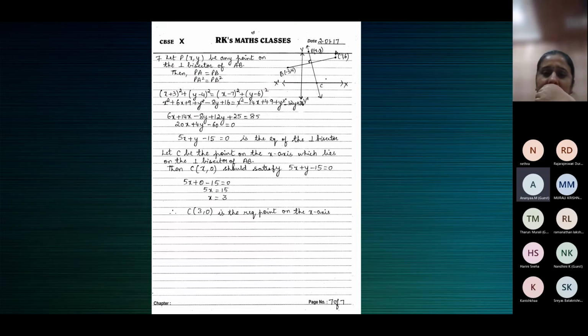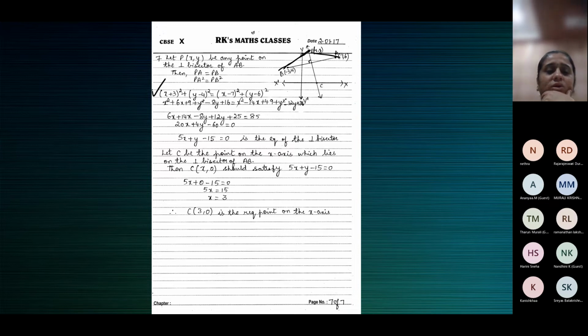I worked that and got x equal to 3, but I'm not getting the equation. Did you take a point on the perpendicular bisector given by (x, y)? Yes, ma'am, I took O(x, y). Then did you work OB is equal to OA? No, I worked PA equal to PB. No, work OA is equal to OB to get the equation of the perpendicular bisector. Oh, okay.